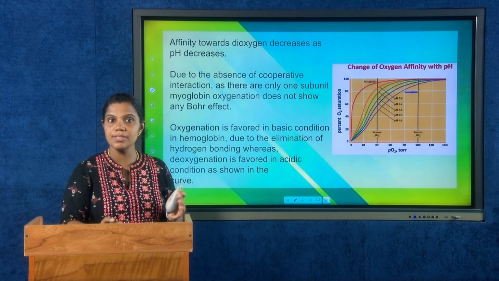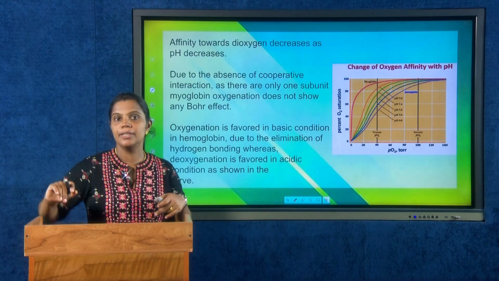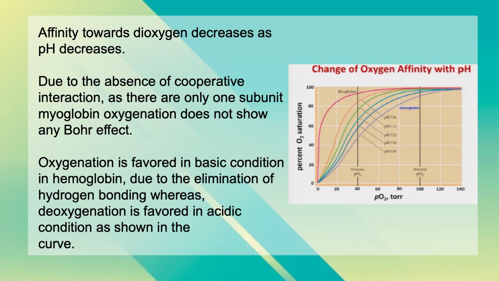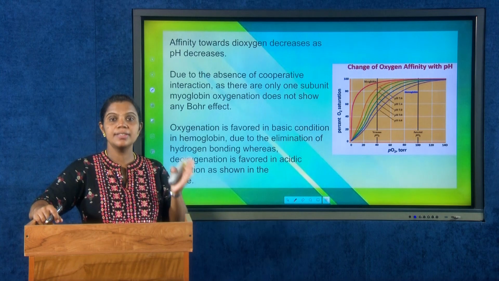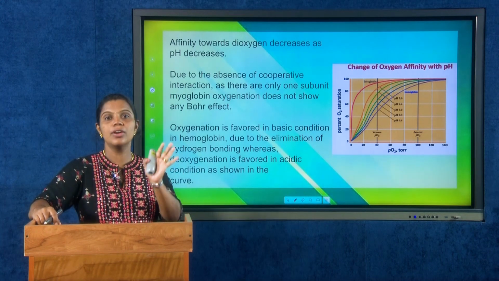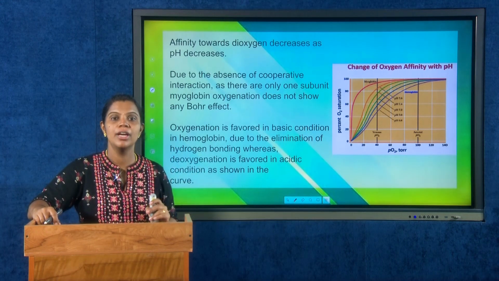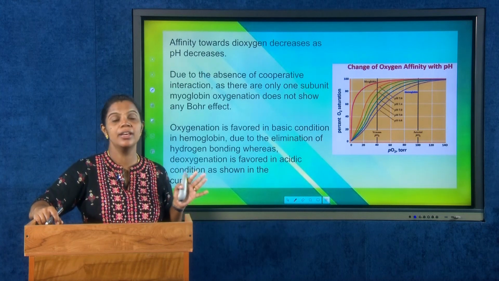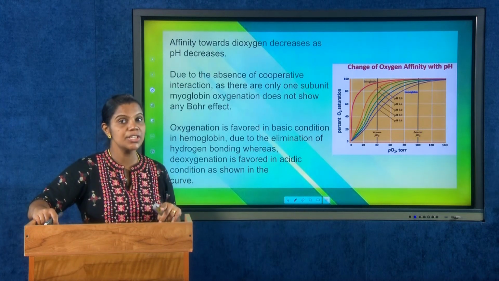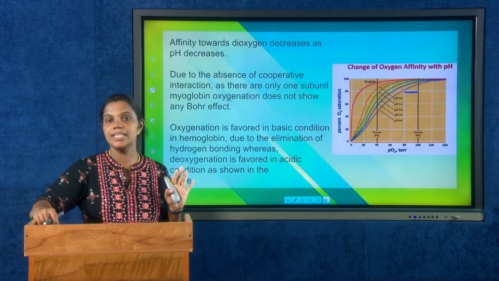Due to the absence of cooperative interaction in myoglobin, there is only one subunit in myoglobin, and hence it does not show the Bohr effect. The basic condition will favor oxygenation in hemoglobin due to the elimination of hydrogen bonding, whereas deoxygenation is favored in acidic condition.